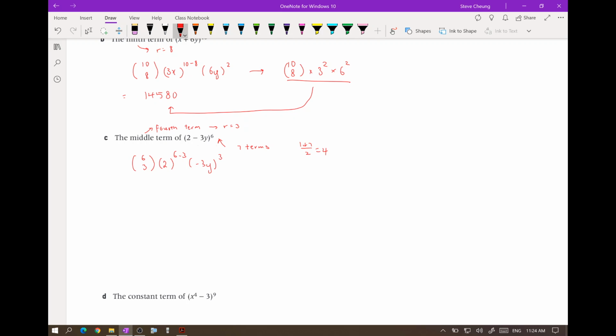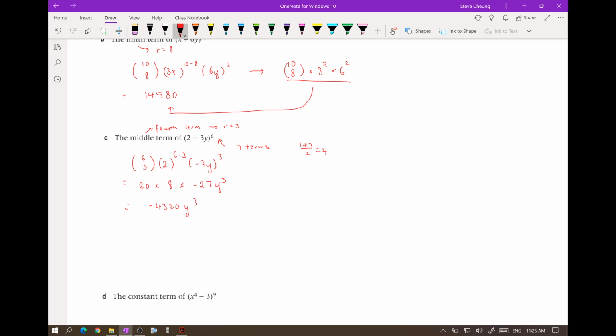And then we have 3 of the negative 3y's. So 6 choose 3 is 20. And then 2 cubed is 8. Negative 3 all cubed is minus 27. So this should be the coefficient.